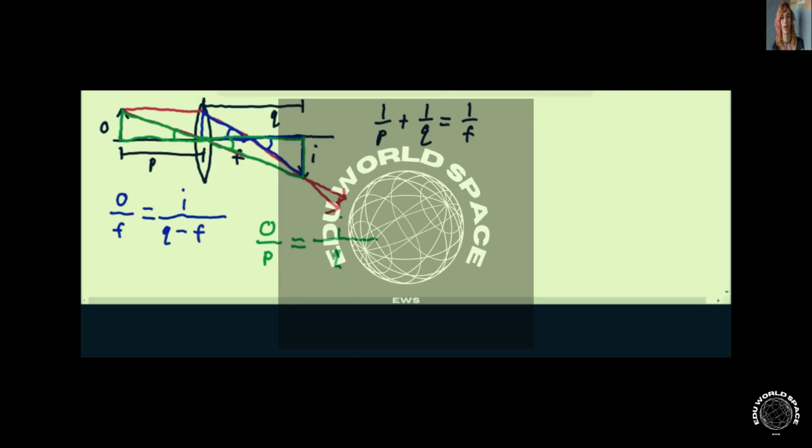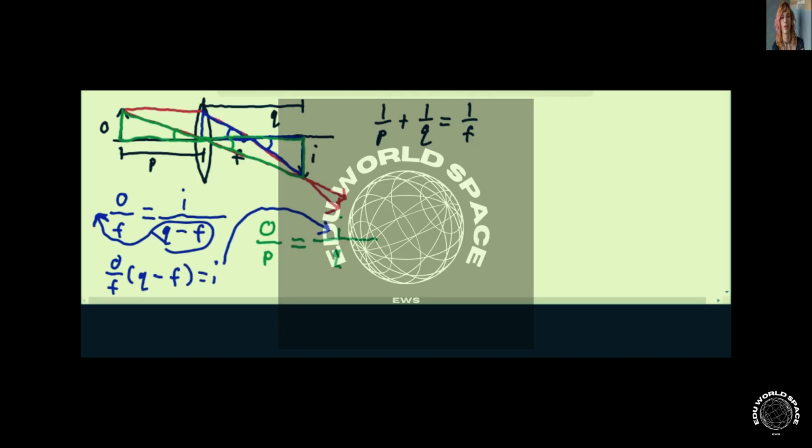So from here, let's rewrite the equation in blue by sending this term over to this side, and we get O over F times Q minus F is equal to I. And now we can substitute I into this equation here.